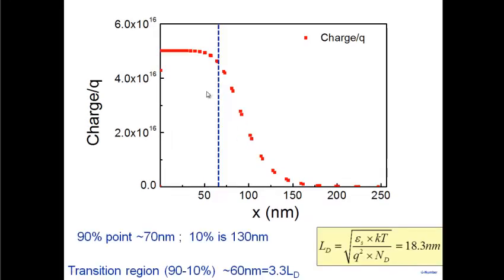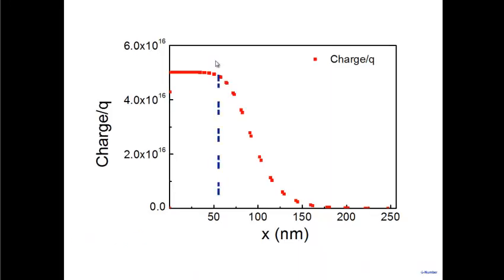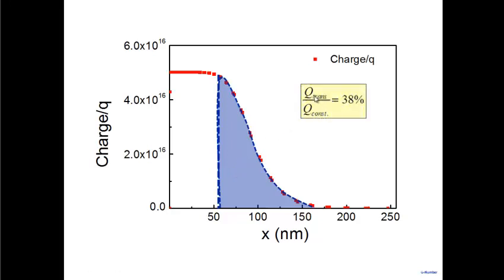This is how your actual charge goes, right? In depletion approximation, we approximate it by a constant region here. Does it mean that we neglect all this charge here? Well, how much is this charge? Since I have the charge density, I can integrate this particular part. I find that the charge in this particular region versus the charge in this particular region is 38%.